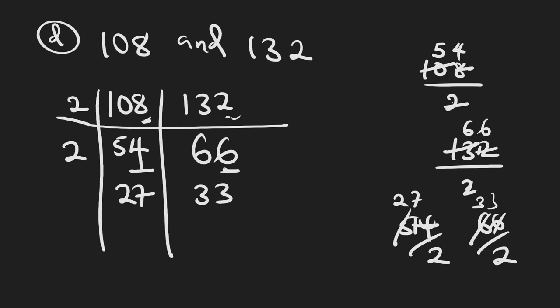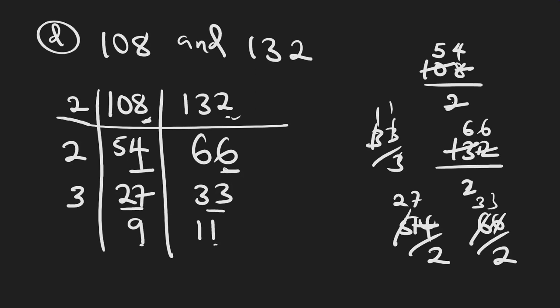No. What is that number that can go into 27 and 33 at the same time? I think 3 can go, right? So 3 here, 27 divided by 3 is 9, and 33 divided by 3, 3 divided by 3 is 1, and 3 divided by 3 is 1. So we have 11. So is there a number that can go into 9 and 11 at the same time?